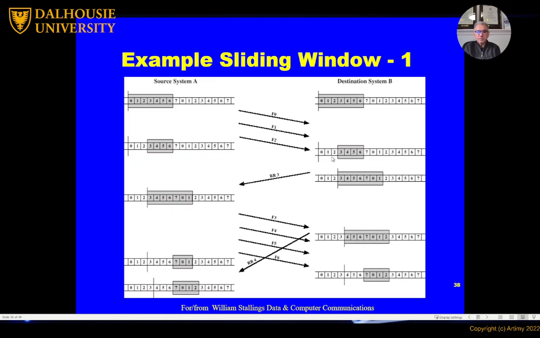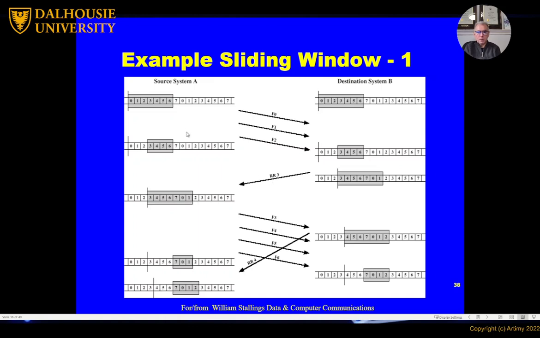B receives 0, 1, 2, and sends an acknowledgement. The acknowledgement here is RR. I'm going to explain what RR is, but it will send an acknowledgement with the number 3 that says, I am ready to receive frame 3. When they receive this acknowledgement, both of them extend their window accordingly.